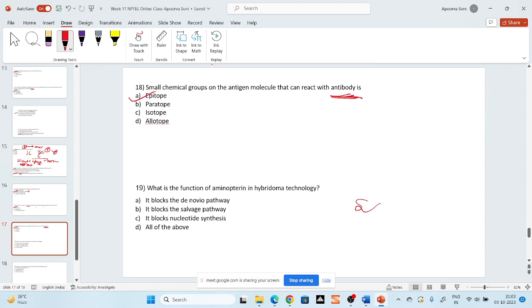Specifically, think of a specific answer because there can be two correct answers. Options A and C can be correct, but if we think more specifically, it blocks nucleotide synthesis, and specifically it blocks the de novo pathway.